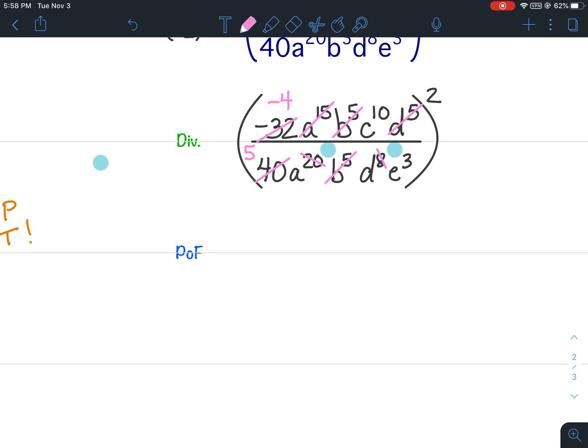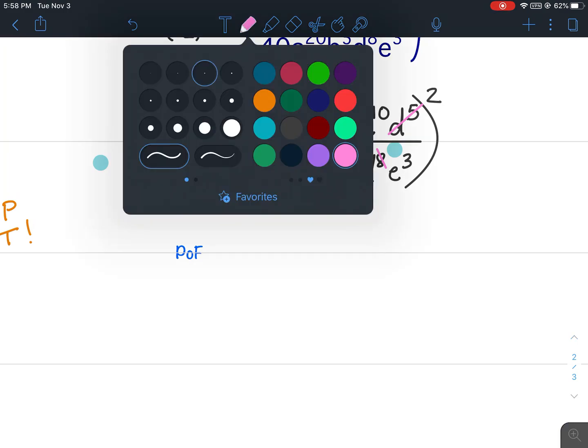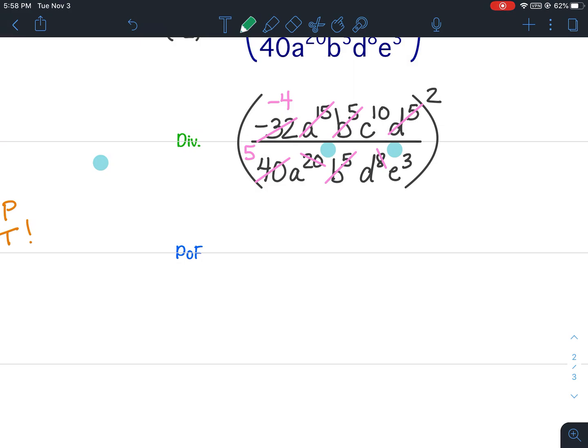After you divide, always rewrite. So in the numerator, I have negative 4, c to the 10th.